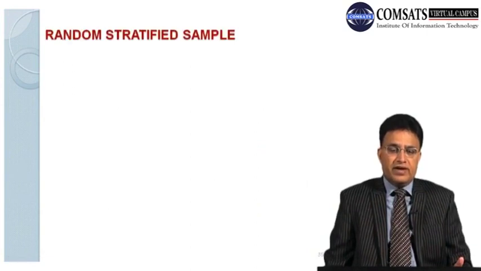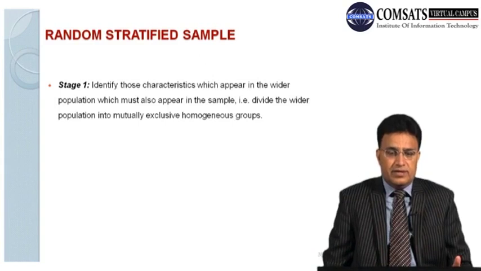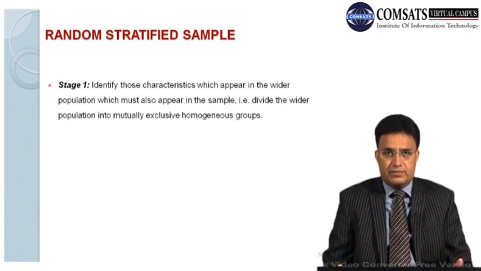So for a random stratified sample, there are 3 stages of making a sample. The first stage is to identify those characteristics which appear in the wider population which must also appear in the sample.